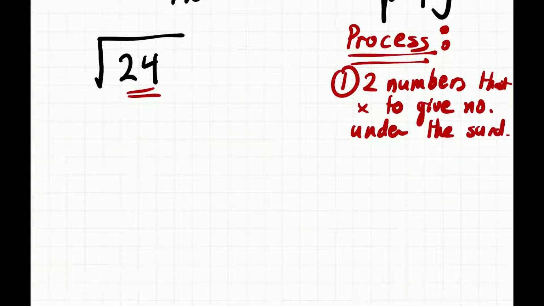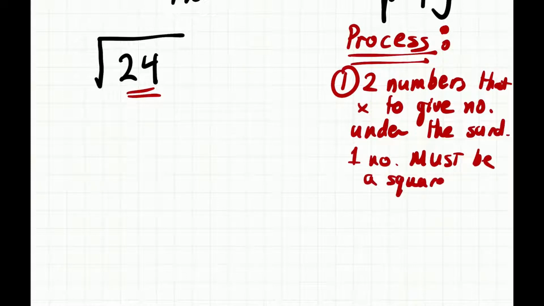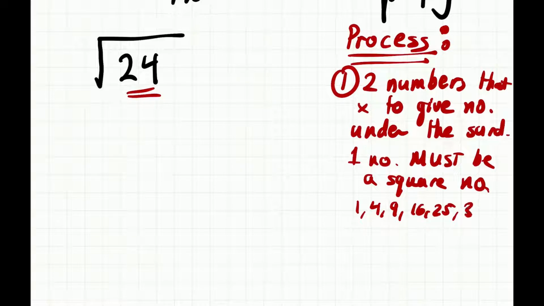What's important is that one of these numbers must be a square number, meaning we should be able to square root it and get a whole number. So you might like to start by making a list of all the square numbers you know: 1, 4, 9, 16, 25, 36, 49, I can keep going. That's a really useful place to start.